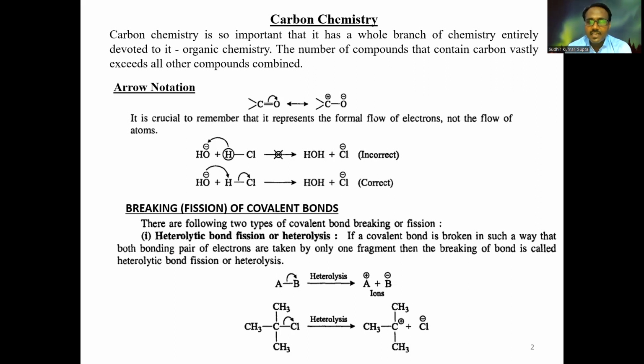So one will be a cation and one will be an anion. If you go for the example, here we have tertiary butyl chloride. It will undergo heterolysis. At that time, what is going to happen? We will get this tertiary butyl carbocation and Cl minus.